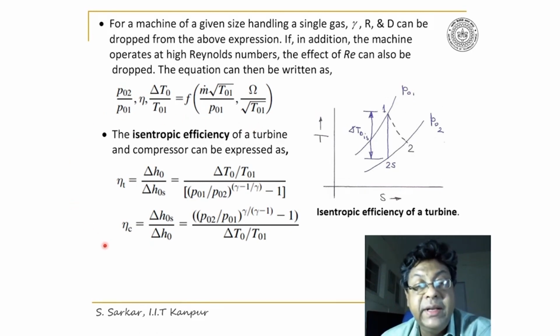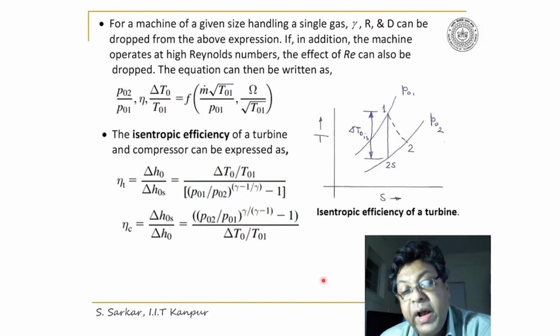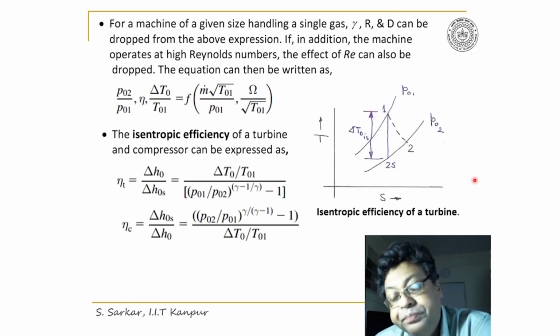Now let us define the isentropic efficiency of a turbine or compressor. Here I have indicated the T-S diagram and I have shown you a turbine handling compressible flow. So 1-2 is the actual temperature drop and 1-2 dash is the isentropic temperature drop. For a turbine, the isentropic temperature drop will be higher than the actual temperature drop.